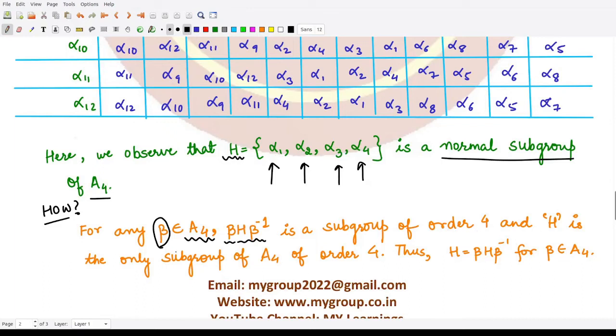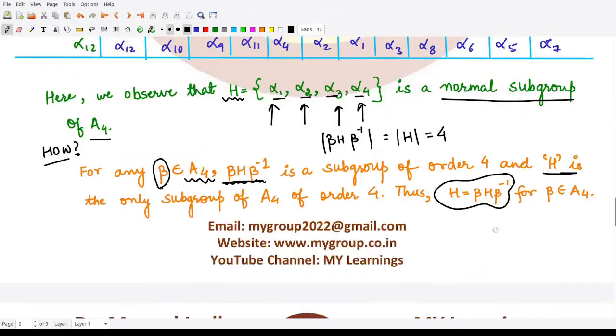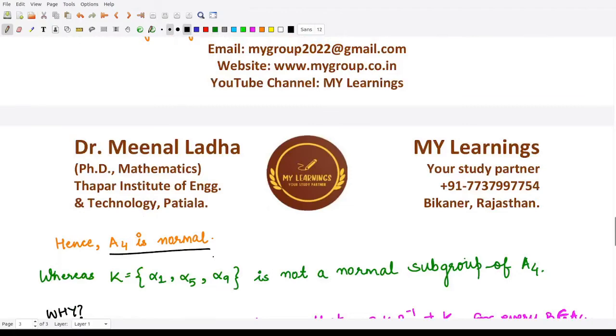H is the only subgroup of A4 having order 4, because beta H beta inverse has the same order as the subgroup H. You can very clearly see that we have 4 permutations here, so we have both of them as equal. By the above result, this becomes equal to this because they have the same order. H is the only subgroup of A4 having order 4. Hence we say that H is normal in A4.